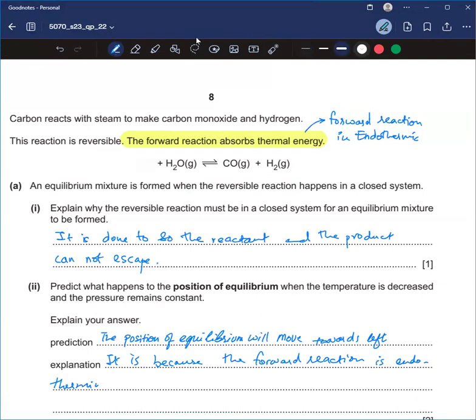Now we just see these two here. We have 1 mole of H2O, 1 mole of carbon monoxide, and 1 mole of H2. If we look at the left hand side and the right hand side, at the left hand side we have 1 mole, and at the right hand side we have 2 moles. So 1:2.